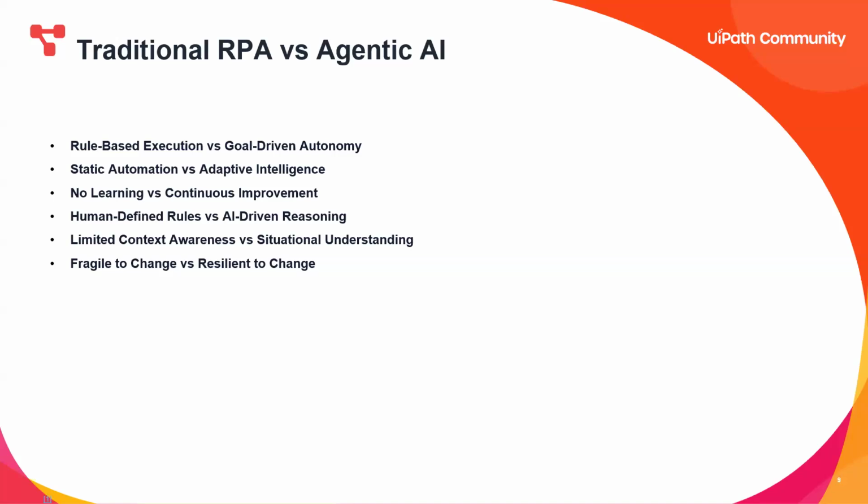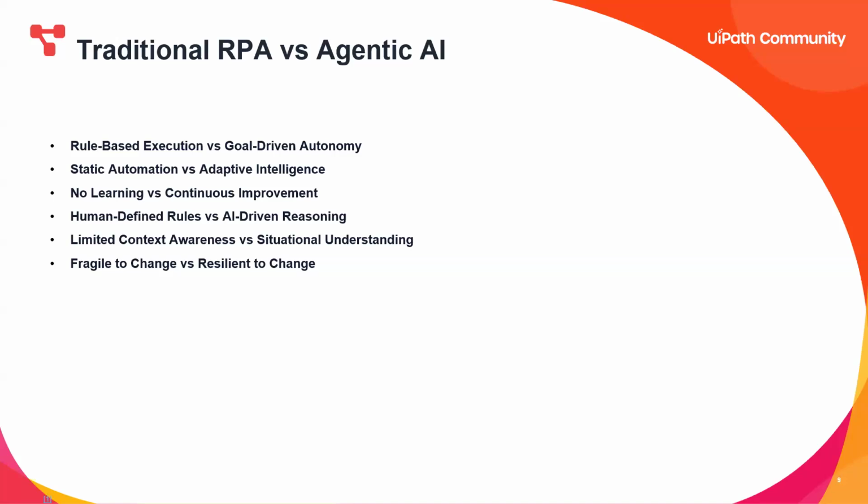An RPA system executes a strict set of predefined instructions. We can tell it what to do and it follows the script. There is no flexibility at all. If the rule isn't written, the task won't be executed. Agentic AI thrives in autonomy, where we define a goal, not the steps, and the agent determines how to reach it.